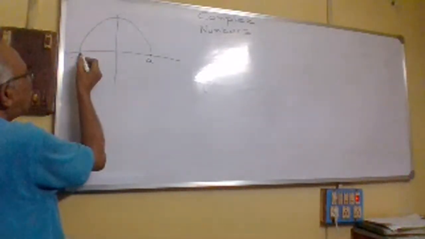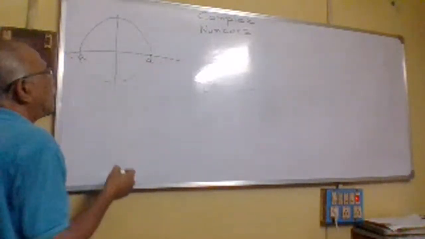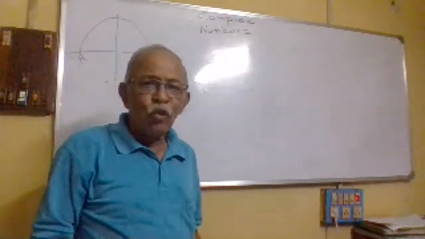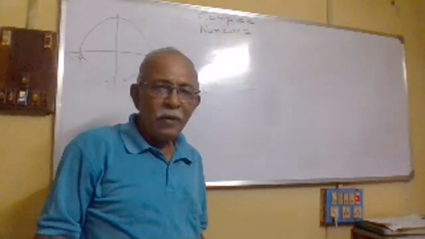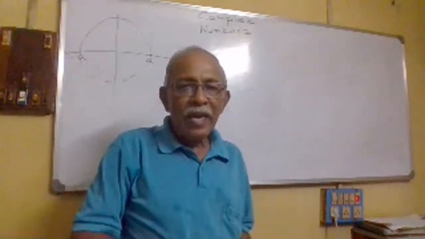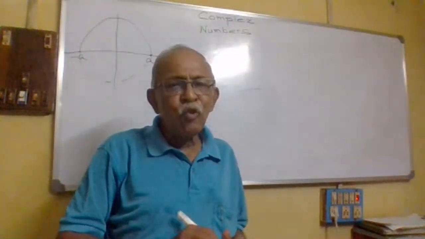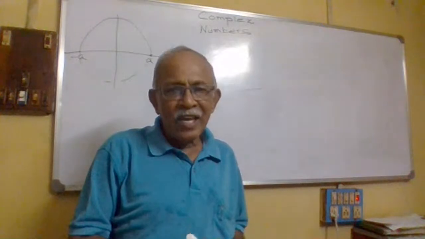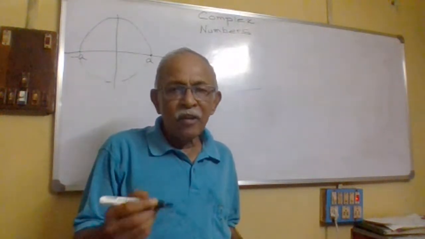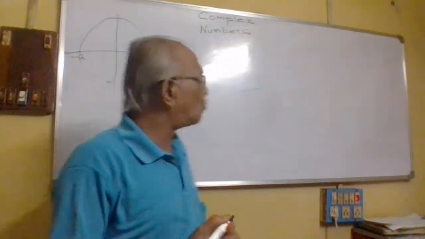And if we are turning this one through a further 180 degrees, it will reach here. So if we are turning A through 180 degrees, it will become A into minus 1. That means turning through 180 degrees is equivalent to a product of minus 1.